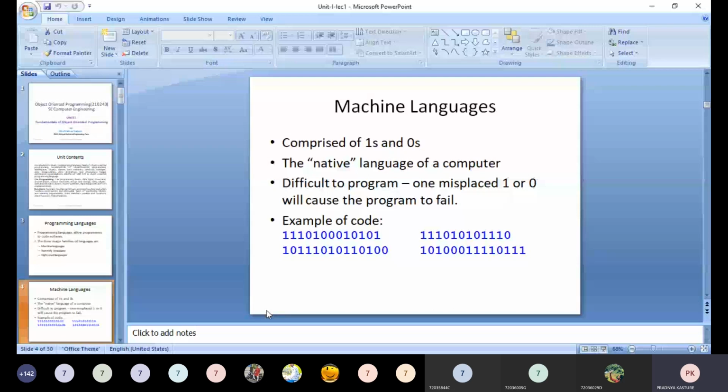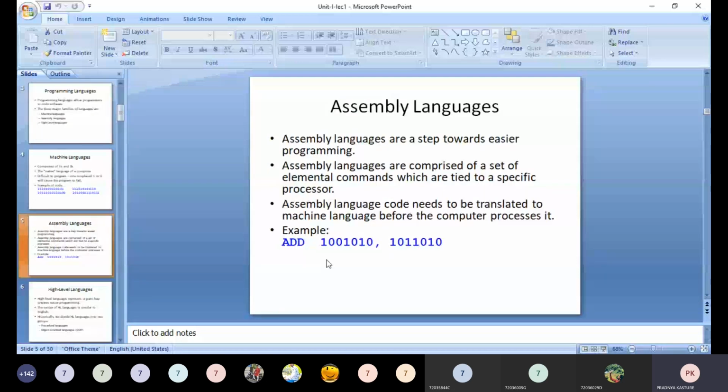Then after machine language comes assembly language. Assembly languages are again somewhat closer to the machine language, and we can say it is an interface between the machine language and the high level language.